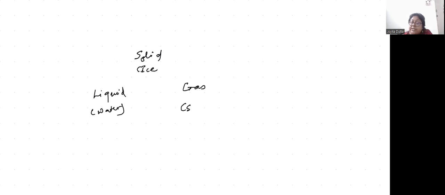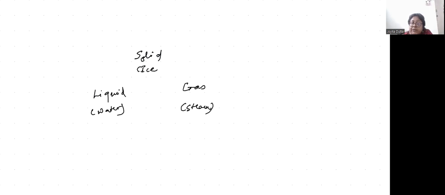Next, I would ask: can I change if I have a solid phase, liquid phase, and gaseous phase? Yes. In case of water, ice can be transformed to water, and water can be transformed into steam.